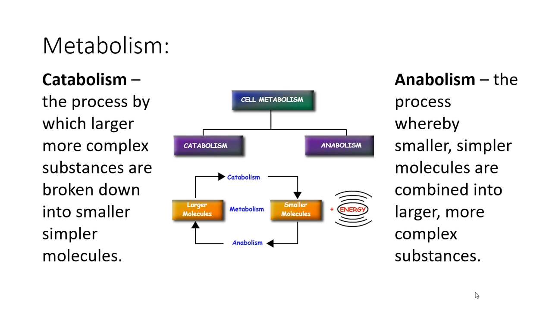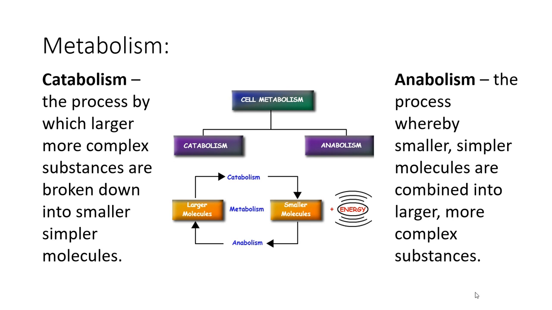So catabolism is the process by which larger and more complex substances are broken down into smaller particles. Catabolism is referred to as a destructive metabolic process. It's a chemical process that occurs within the body in order to maintain life.